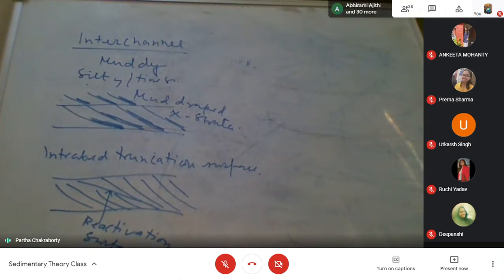Any question here? These are typical of the tidal product. Now, I will tell you how this intrabed reactivation surface forms, which is very characteristic of tide, particularly in the tidal bars.